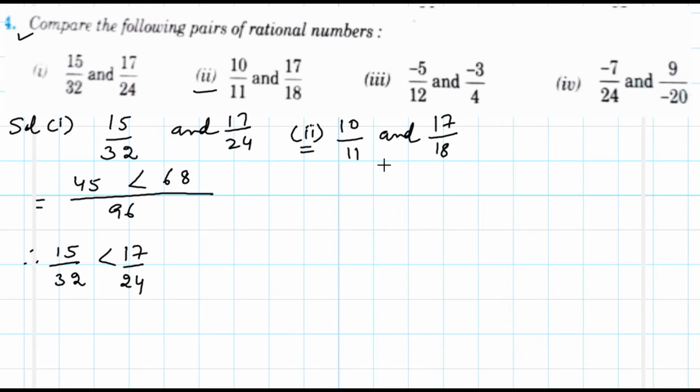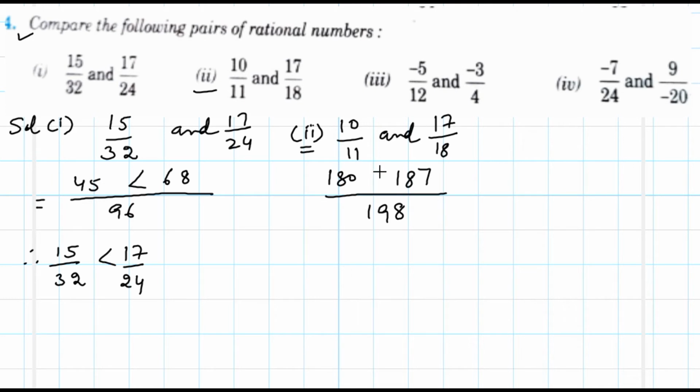So again these are prime numbers, we will multiply them, their LCM will be obtained after multiplying them. 11 times 8 is 88, 11 times 1 is 11, plus 8 is 198. 198 when divided by 11 will give us 18. 18 into 10 is 180, and 18 divided by 11, into 17, 11 times 7 is 77, 11 times 1 is 11, plus 7 is 187.